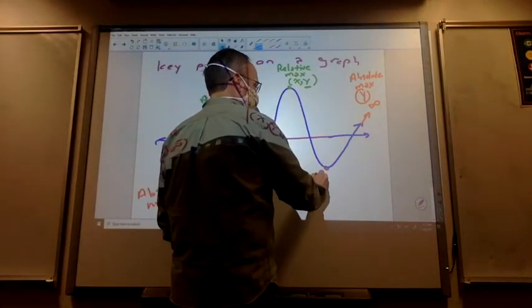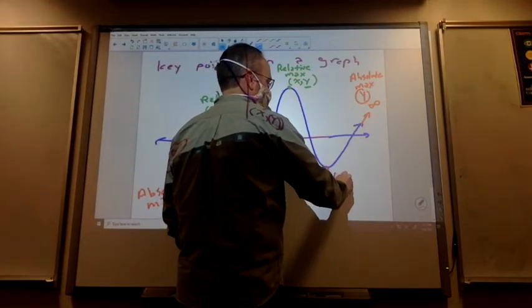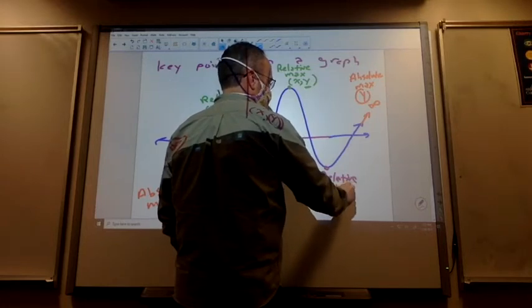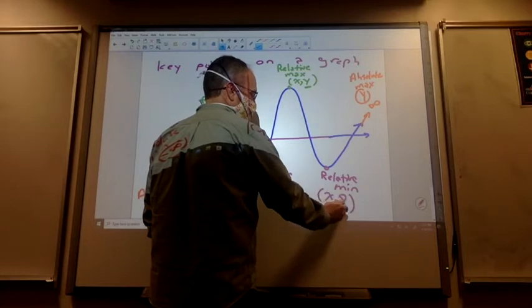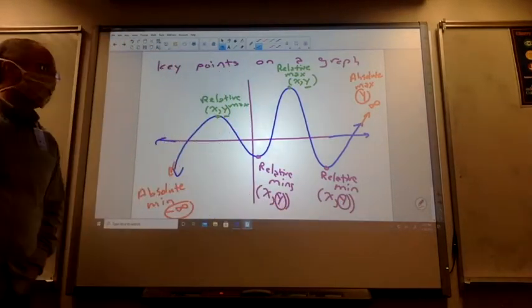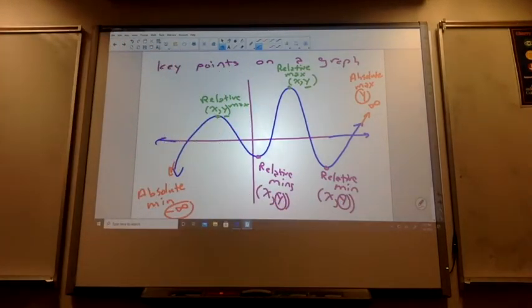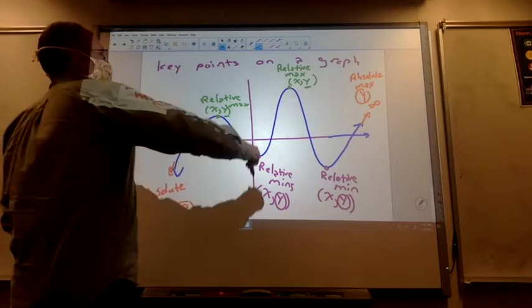And right here, again, that's an x comma y, and you look at the y value. Okay? So those are a couple of key points that exist on a graph. Realizing what's our end behavior going? Where's it going in the y direction? Does it go all the way to the right? Where's it going in the y direction? Does it go all the way to the left? And then other key points.